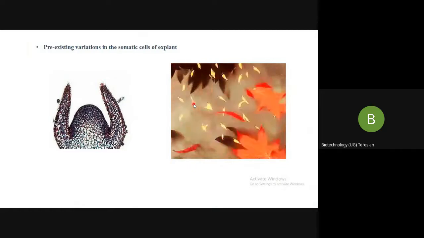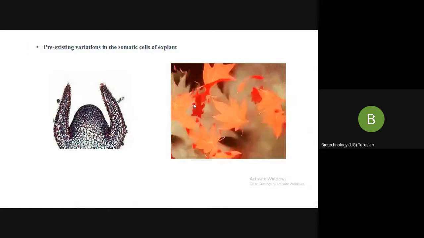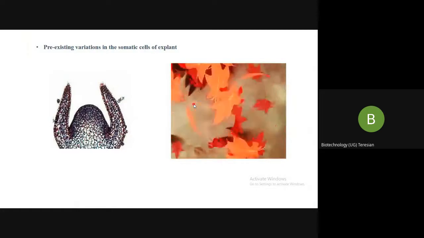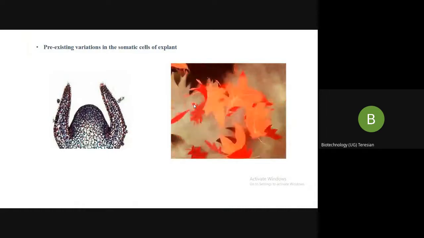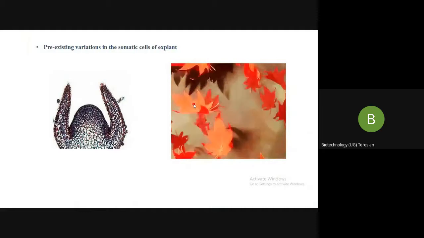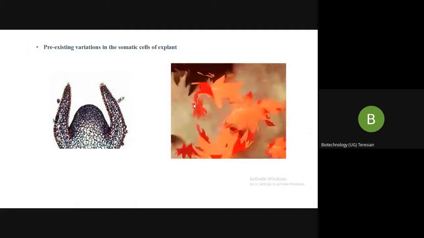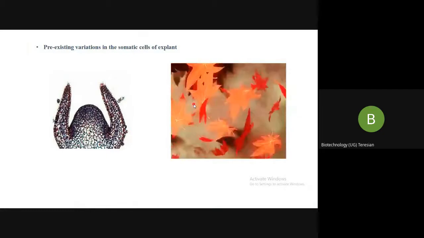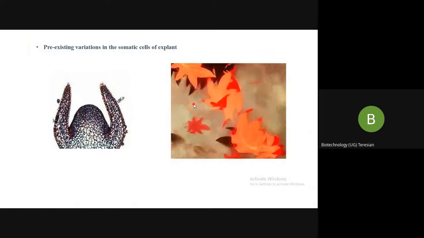Also, I compared the young leaf to a mature leaf. Here also we told that the mature leaf can undergo more somaclonal variation when you compare it to the younger leaves, because the mature leaves are highly specialized and would have more mutation when compared to the younger leaves.